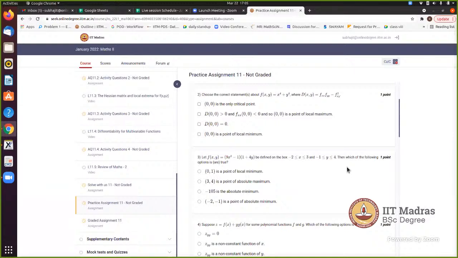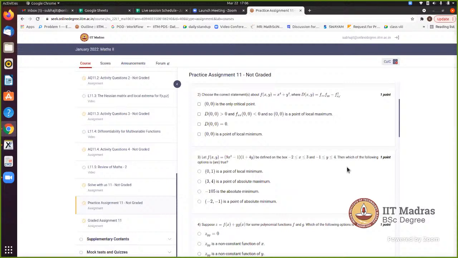You remember for one variable what you have done? You find where f dash x is becoming 0. Those x are your critical points. Now you have to check along the boundary points also. If along the boundary some maximum value is coming which is greater than the local maxima, then that will be your absolute maxima, right?